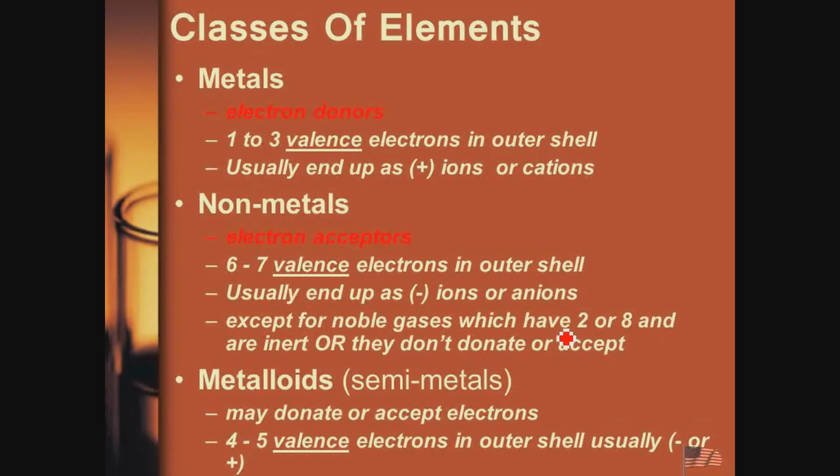The metals, the ones on the left side, are electron donors. If we take, for instance, sodium, sodium has 1 valence electron, and rather than trying to find 7 others to join up with, which would be kind of ridiculous, it says, hey, you know what? Just take my 1 electron. I'll give it up.